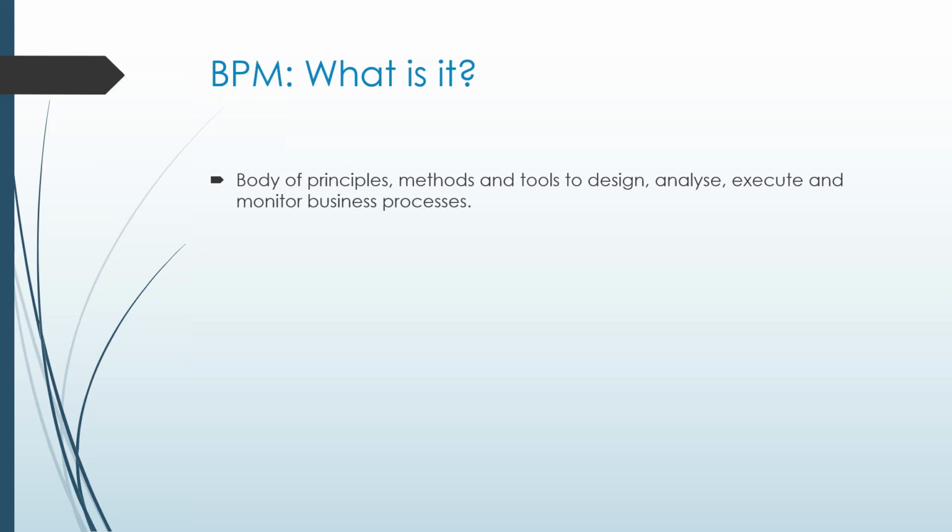So the transactions are in different stages. When I am able to monitor or execute all of these on a single unified platform, that is called BPM. Any BPM, irrespective of whether it is Pega, IBM BPM, or Appian, irrespective of the tool, BPM is all about monitoring or executing your business process.